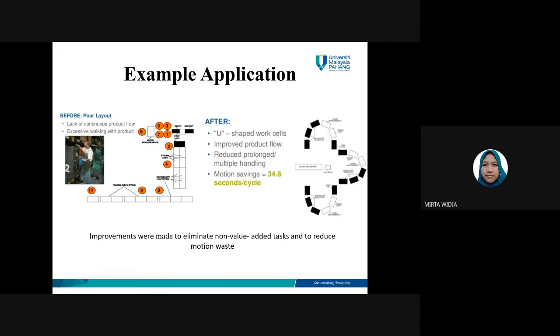Ini based on the layout lah. Tadi sebab step analysis dia eliminate the non-added value task, which is reduce the reach, and also eliminate the walking, the motion. Okay, as you can see here, this is the before layout.